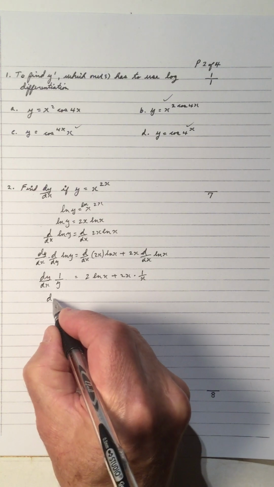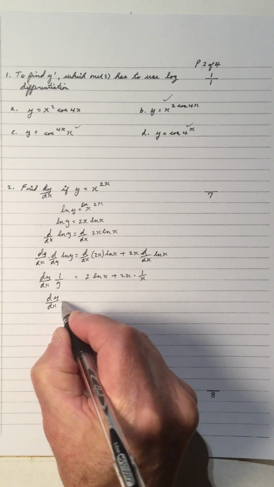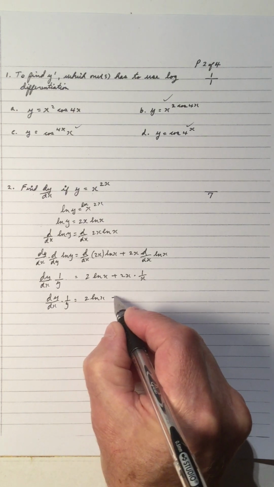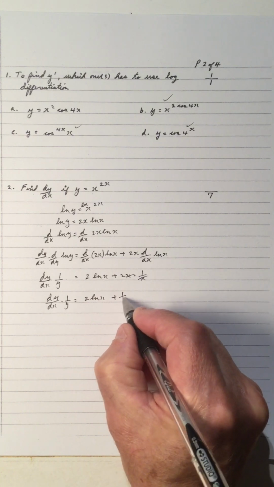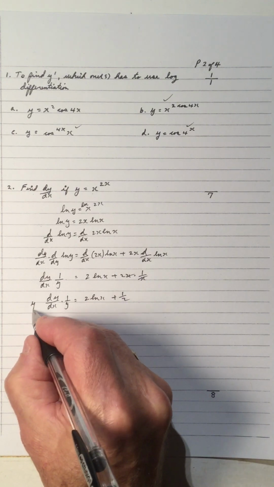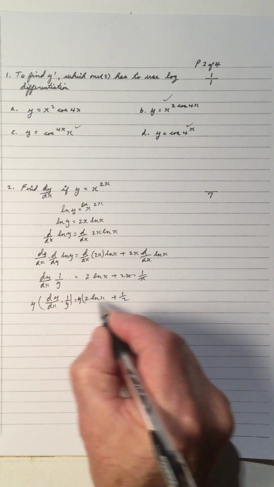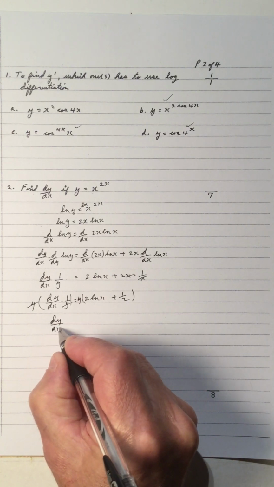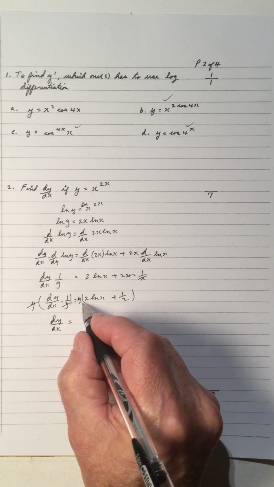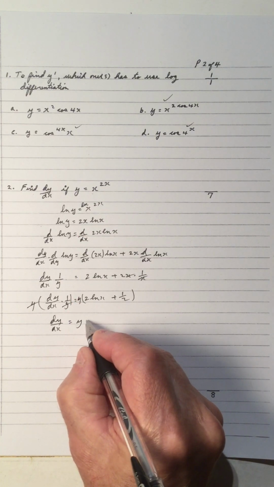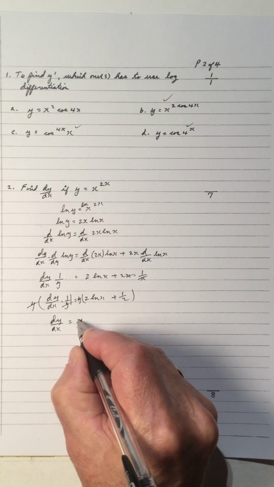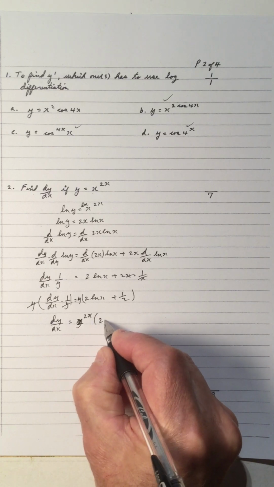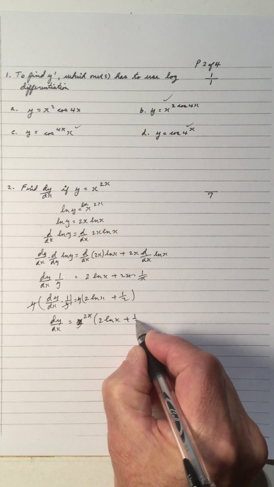So that becomes dy/dx, and we're simplifying this side here. So the x's cancel out, and we get a half. So now we multiply both sides by y to move the y to the right side. The y's cancel. So we get dy/dx, and y is equal to x to the 2x times 2 ln x plus a half.